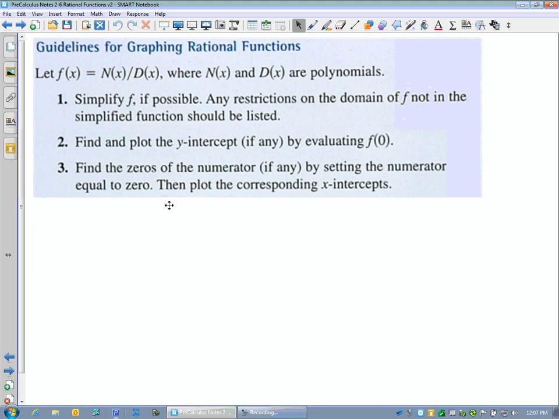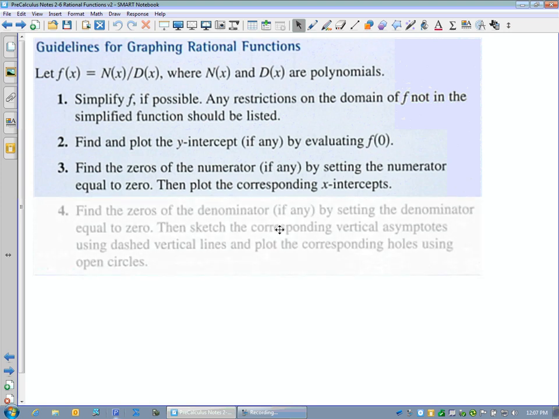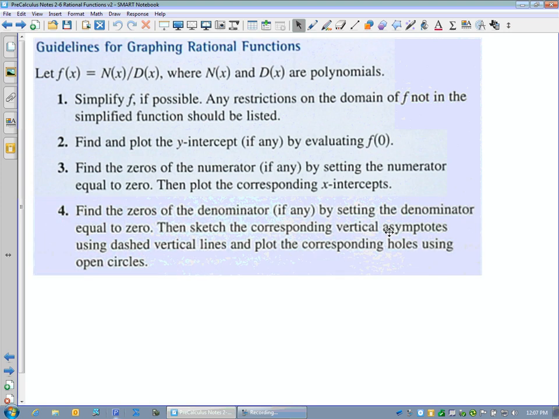And then next we're going to look at the zeros of the denominator. The zeros of the denominator are going to cause vertical asymptotes. So we're going to set the denominator equal to 0, solve for x, and then with dashed vertical lines, we're going to graph the vertical asymptotes.